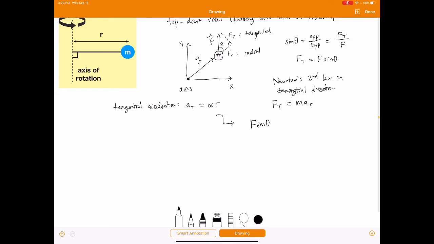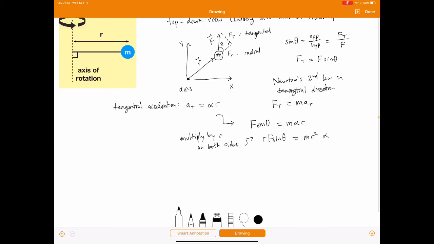So here's our equation now: F sine theta is equal to m times alpha times r. What I'm going to do next is multiply by another factor of r on both sides, just because I can. So here, I'm going to have r F sine theta on this side, and I'm going to have m and then r squared now, because I multiplied by r on both sides, multiplying alpha.